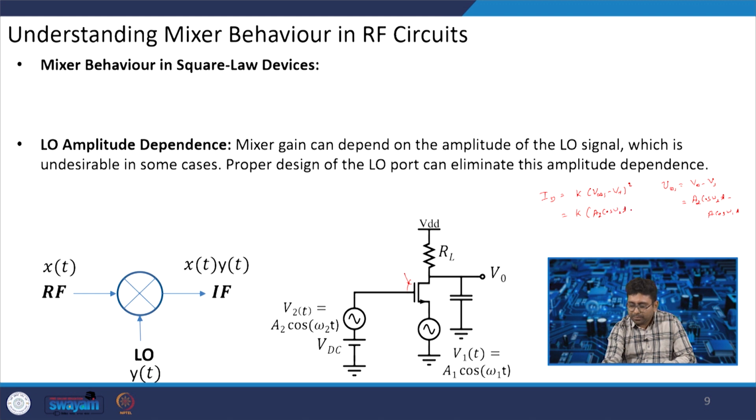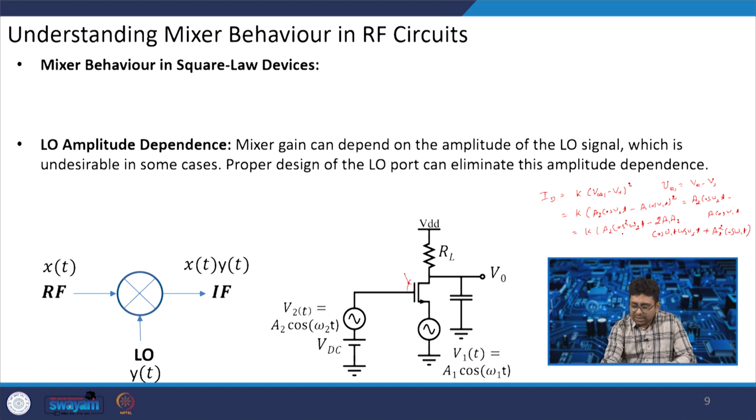If you consider the threshold voltage as a constant and square this term, you will get K times A2 squared cos squared omega 2 t, minus 2 A1 A2 cos omega 1 t cos omega 2 t, plus A1 squared cos squared omega 1 t.